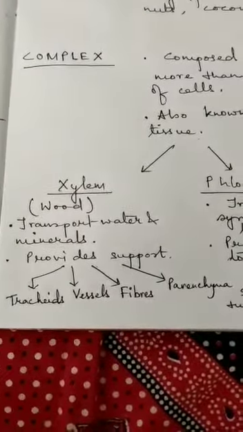Next kind of complex tissue is phloem. Phloem can also be called the bast of the plant. I hope you have heard about bast fibers of plant. So, bast is actually made up of phloem. They are meant for transportation of food synthesized by the leaves, and it also provides support to the plants.